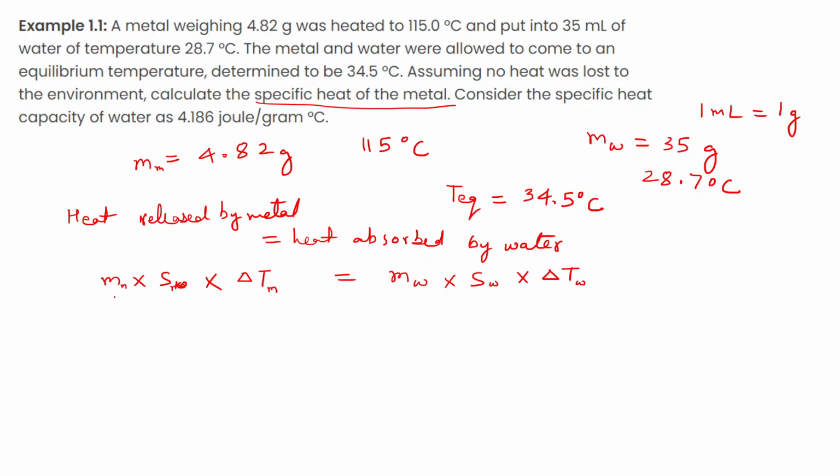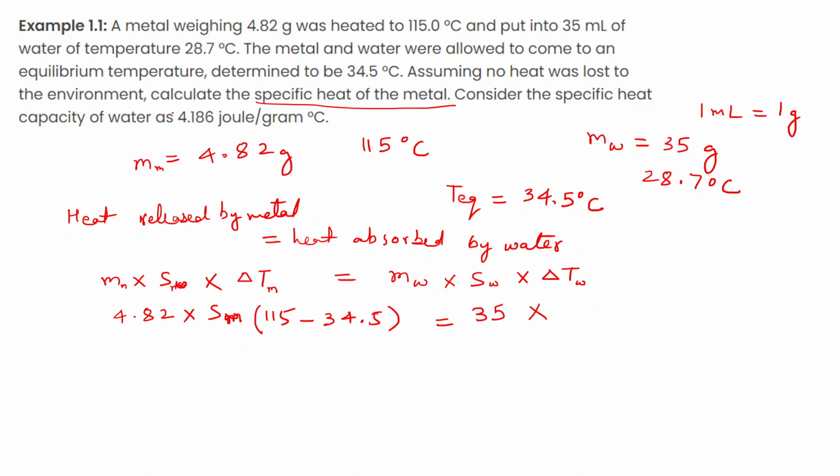Okay, so mass of the metal was 4.82 gram. Specific heat capacity we need to find out. Again, temperature difference is 115 minus equilibrium temperature 34.5 degree. Mass of water 35 gram.